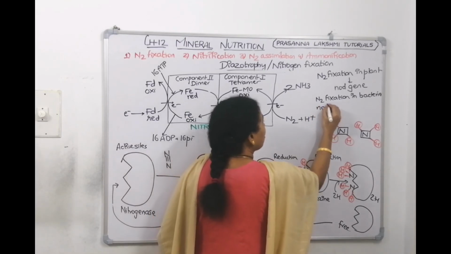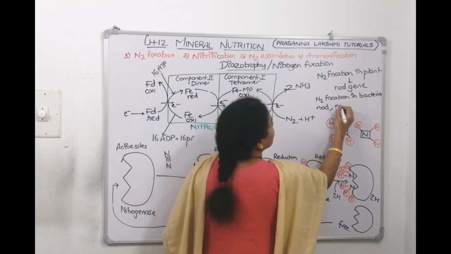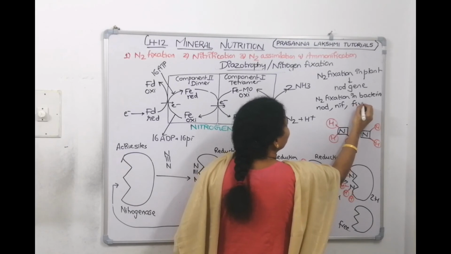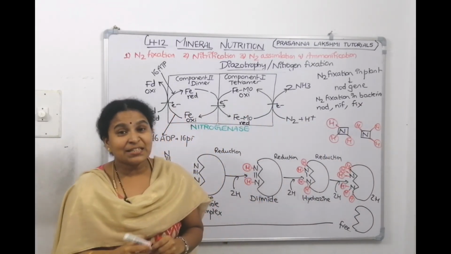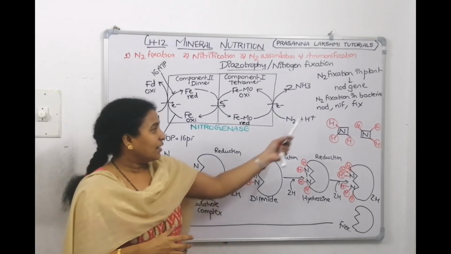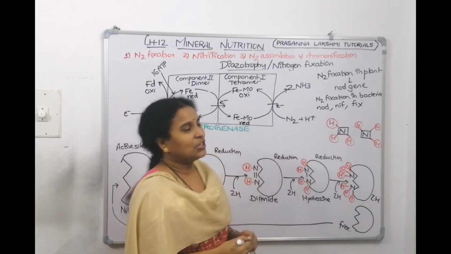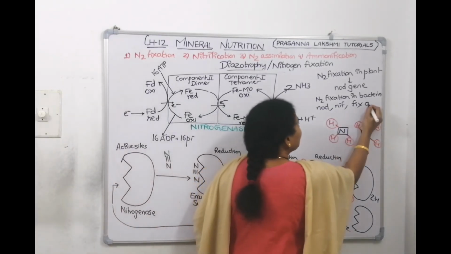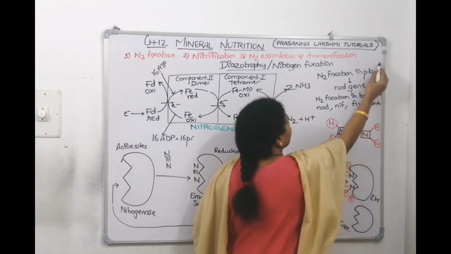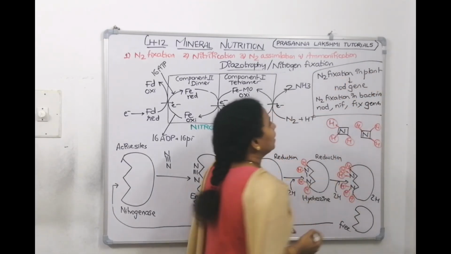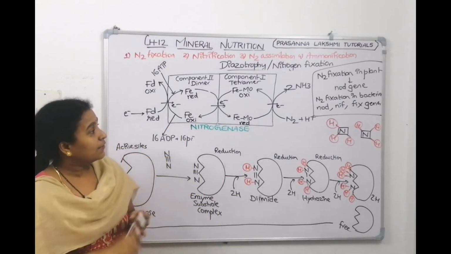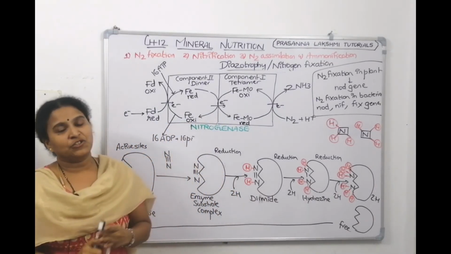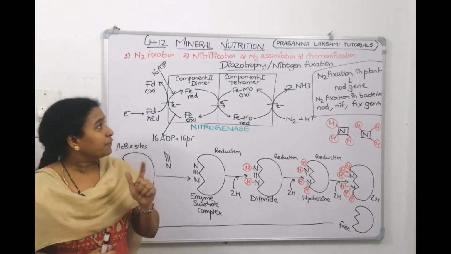Bacteria also has NOD genes, it also has NIF genes, it also has fix genes. NOD genes, nodulating genes. NIF genes are nitrogenase genes and fix genes are nitrogen fixing genes, right? So this point is also important. In plant only NOD genes are there, whereas in bacteria NOD genes, NIF genes and fix genes are there.